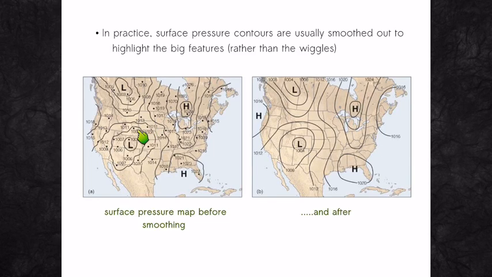The second reason is that there's also a lot of smaller scale things going on, smaller scale weather systems, that produce fluctuations in pressure. And when we're drawing a big map like this one, which is showing the whole US, we don't care about all those little local things. Those are just introducing noise into our map.